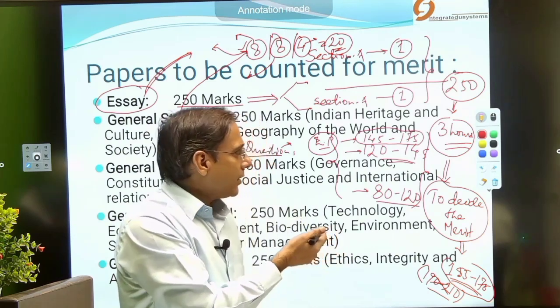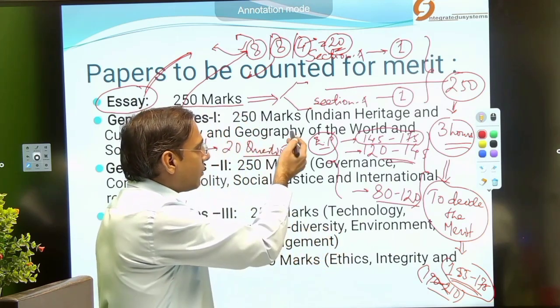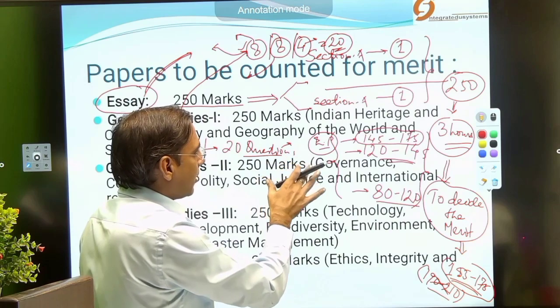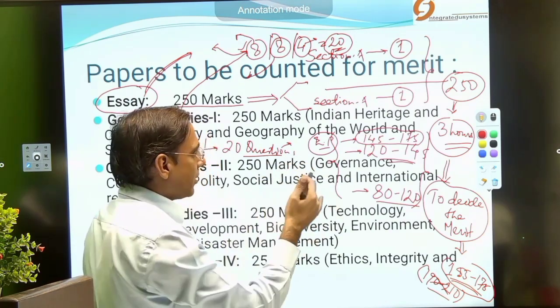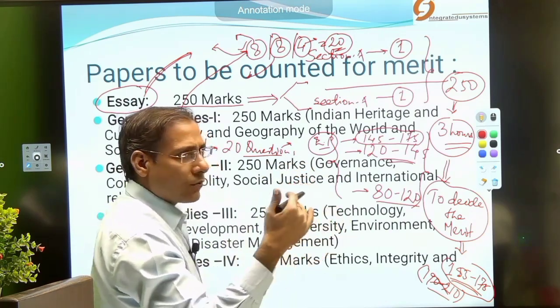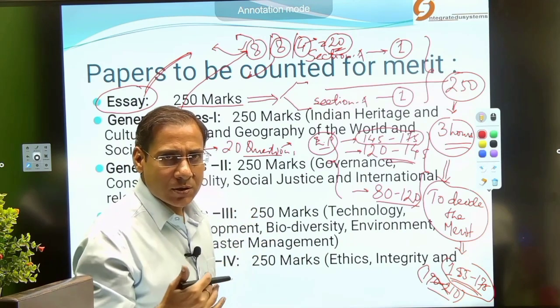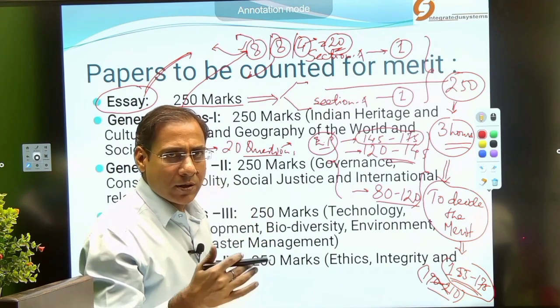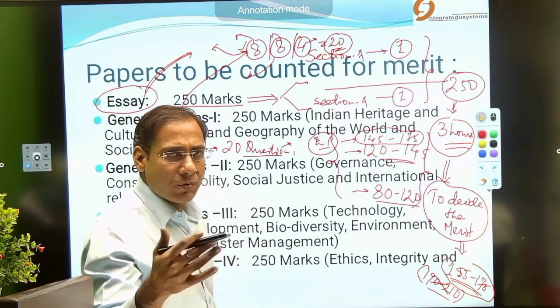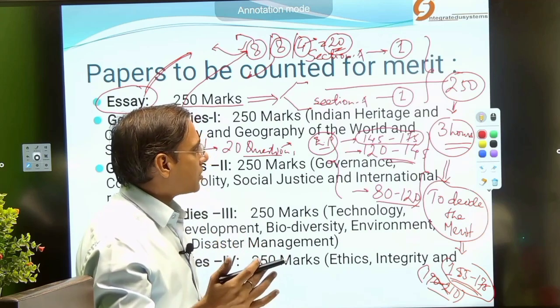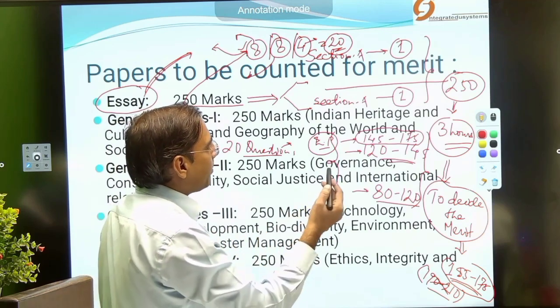So once you are planning for mains, just open your syllabus, underline it, and prepare each and every section one by one. Once you holistically cover it, practicing and writing some sets of questions, then how can you plan?